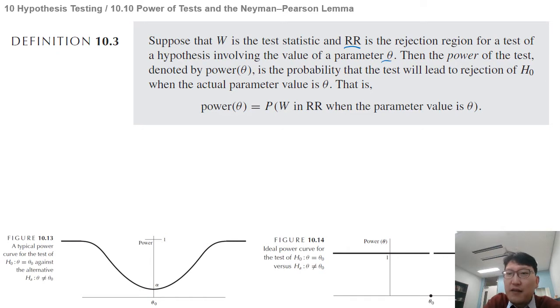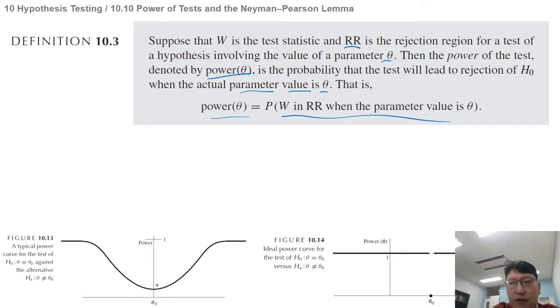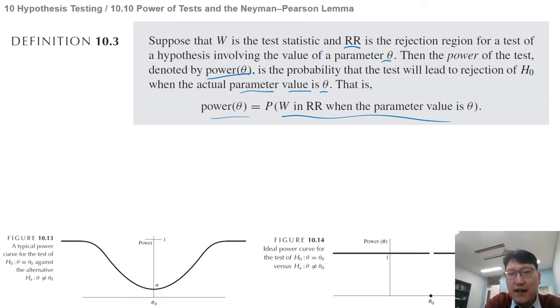Then the power of the test, denoted by power(theta), is the probability that the test will lead to rejection of H0 when the actual parameter value is theta. That is like this. So let's think about this situation from the previous example. So here we have.